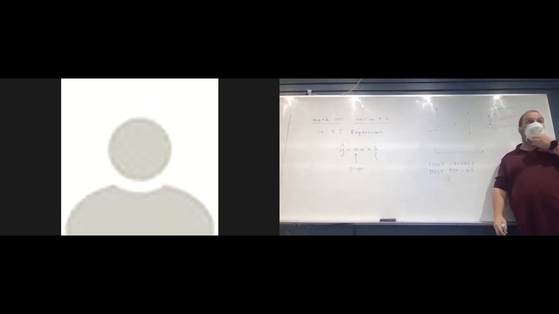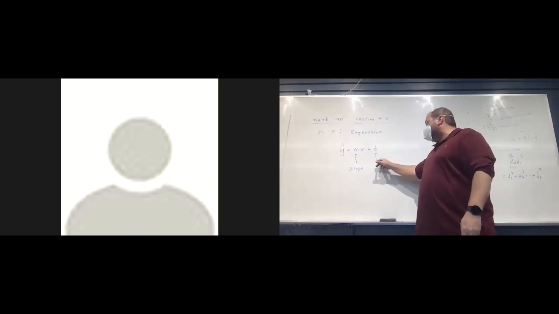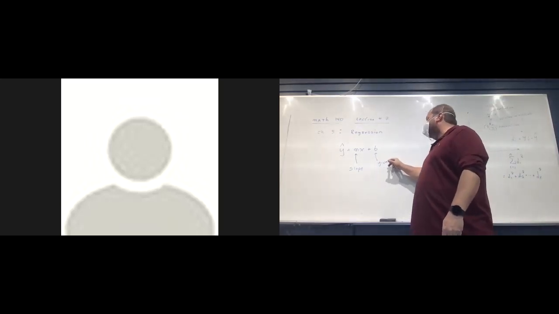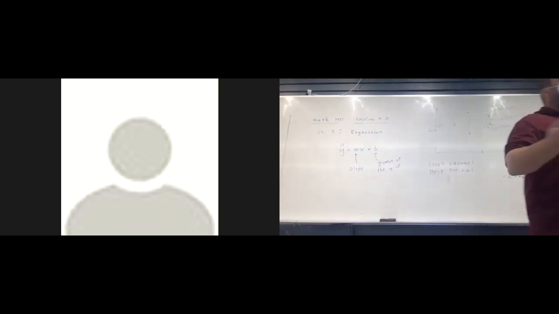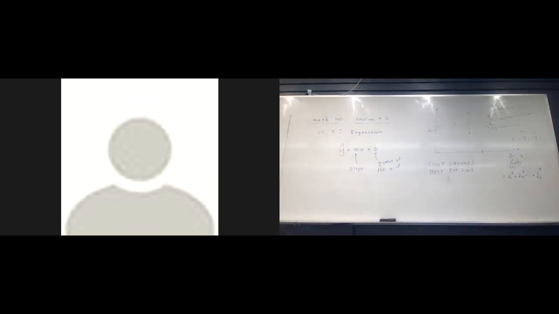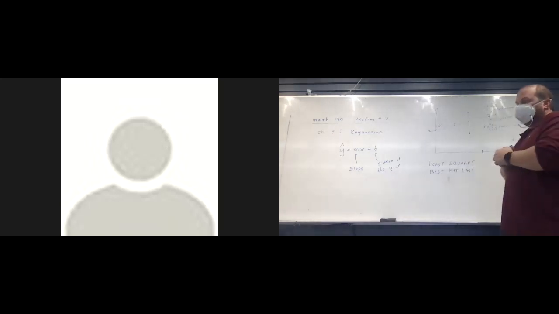And b is a number. So technically, it's the y value of the y-intercept. But very few people would care about that distinction. If you just call b the y-intercept, nobody's going to kill you. Well, most people.